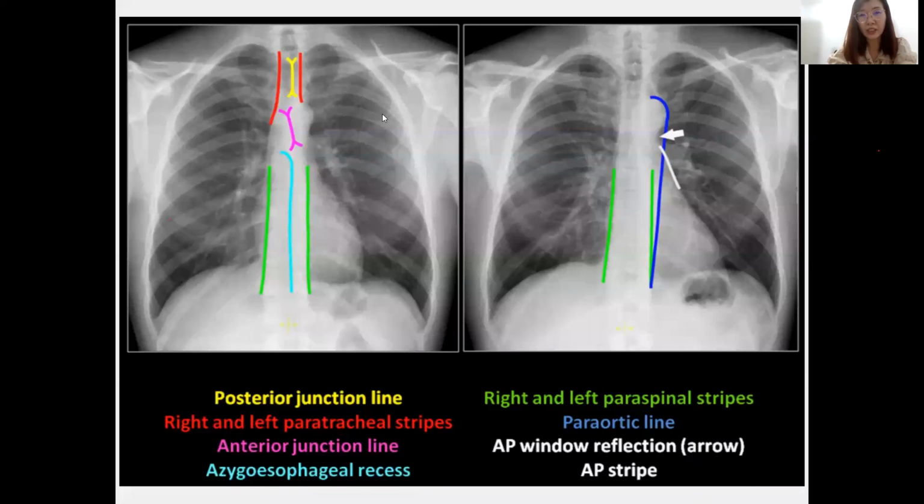If there is any obscuration of the line, or some lobulated nodule or opacity arising adjacent to the line, always raise the suspicion of a mass or abscess, especially at the paravertebral or paraspinal line region here. At the paratracheal stripe, always look for lobulated opacity and raise suspicion of lymphadenopathy, as well as at the hilum region here.